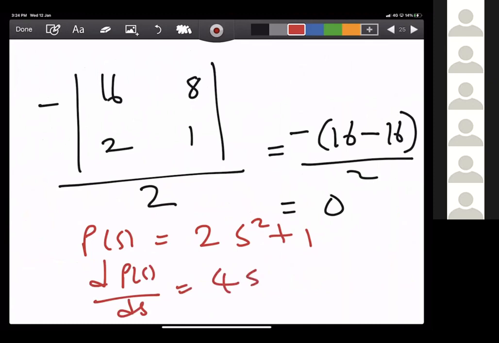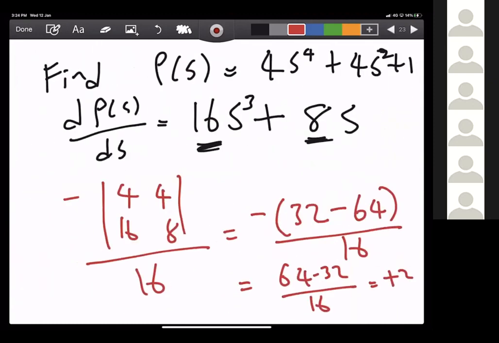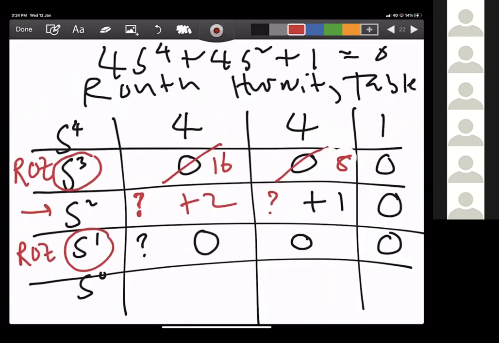So 4s will be here. That's why you kata 4. Di sebaliknya tu ada row of zeros. Lupa nak mention. And last but not least.